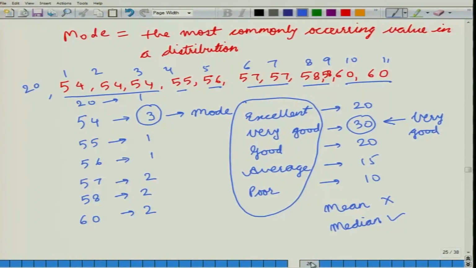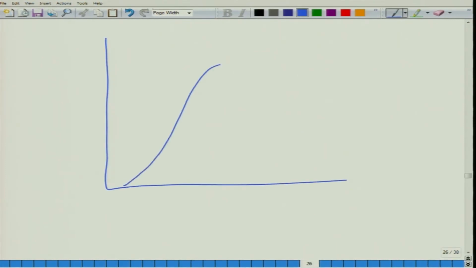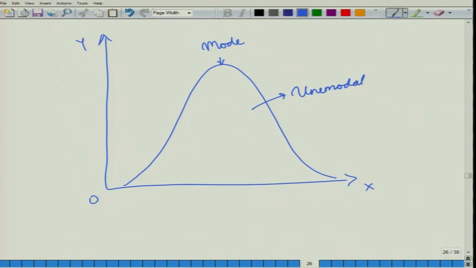However, there is a disadvantage in using a mode. Some distributions, suppose if you have a distribution like this, this value occurs the most number of times. So, this is the mode. So, we can very easily calculate a mode for a unimodal distribution, and this is something that we can very easily use as well.